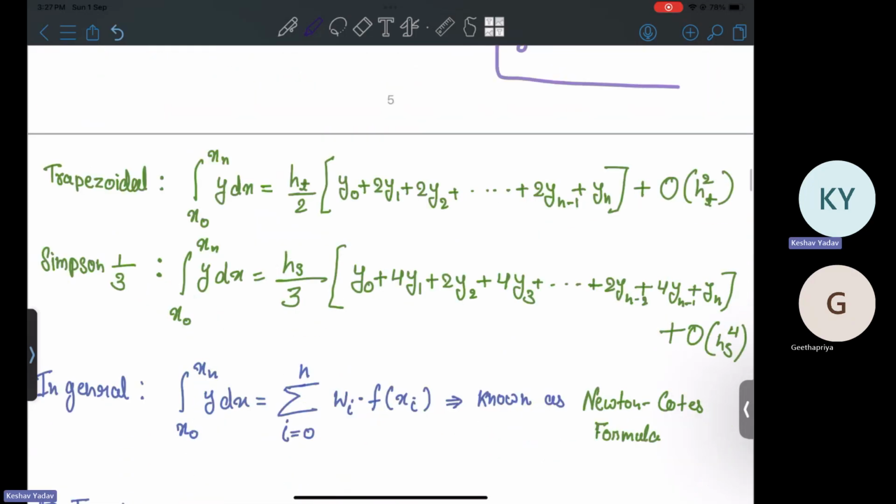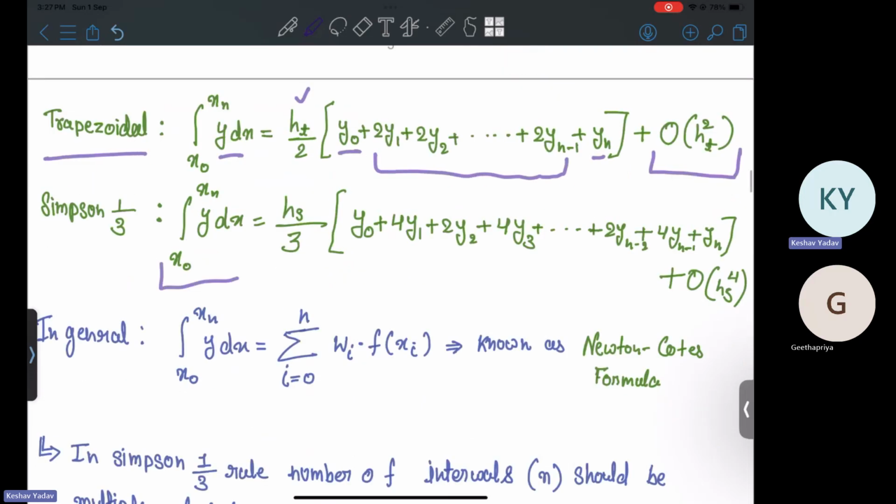If I write both combined, the trapezoidal rule will give the integral of y dx equal to the step size of the trapezoidal method, ht by 2, times y0 plus the middle terms multiplied by 2 plus the last. This is the formula and it will be second order accurate. And if I write the formula using Simpson 1/3 rule, with step size hs, it will be hs by 3, y0 plus the last term ym plus odd terms multiplied by 4 and even terms multiplied by 2, and it will be fourth order accurate.